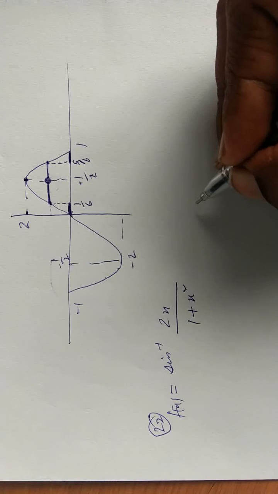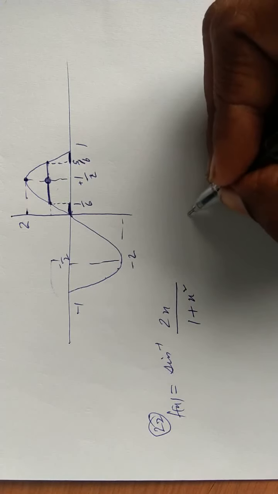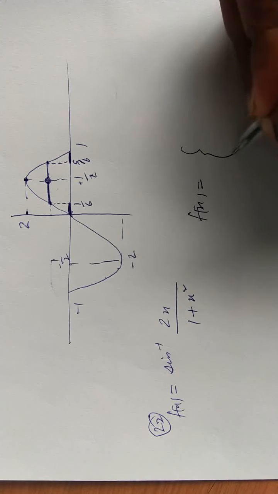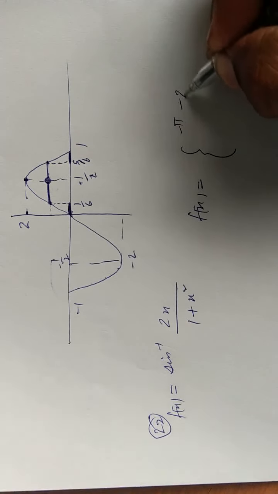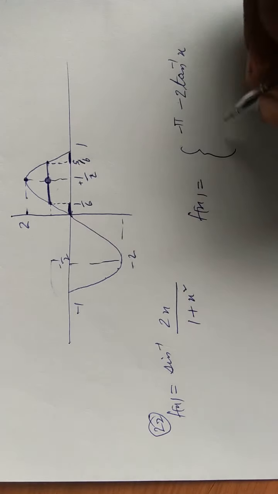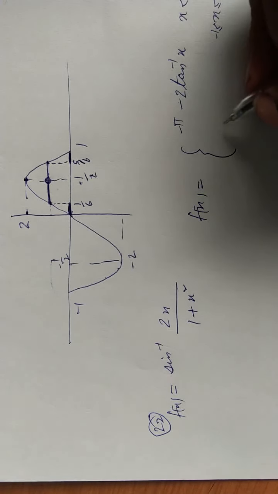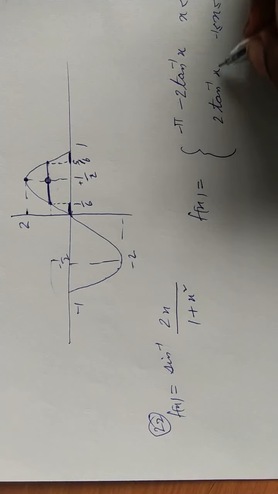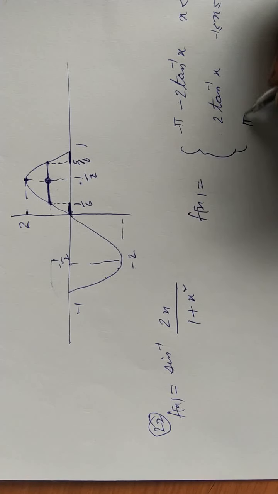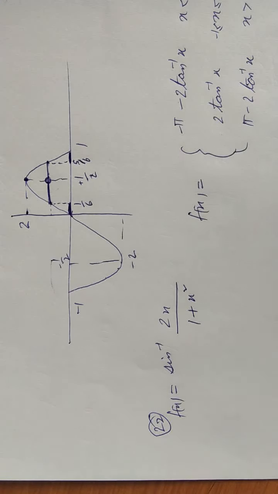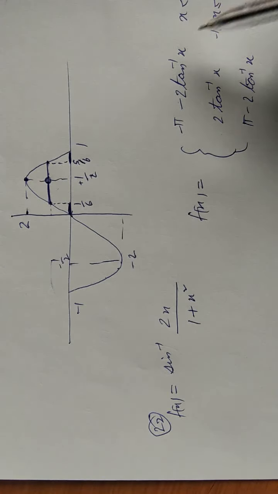This might require some knowledge of ITF. So f(x) is equal to -π - 2 tan inverse x when x is less than -1, and when x is between -1 to 1, this will be equal to 2 tan inverse x, converting into tan directly, and π - 2 tan inverse x when x is greater than 1. So we can calculate differentiability of this function directly from over here.